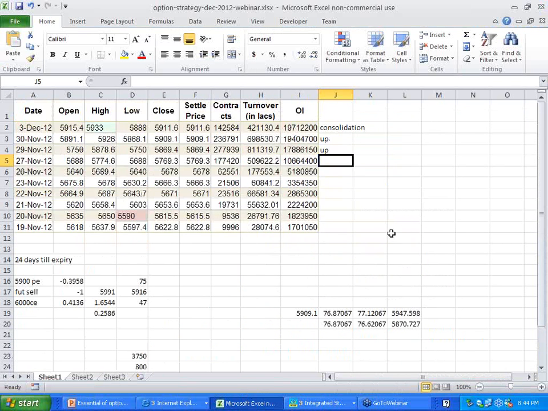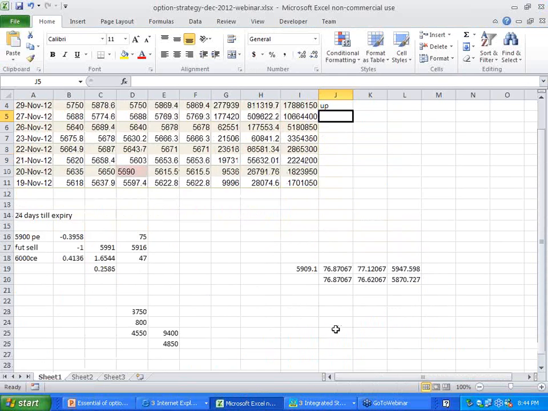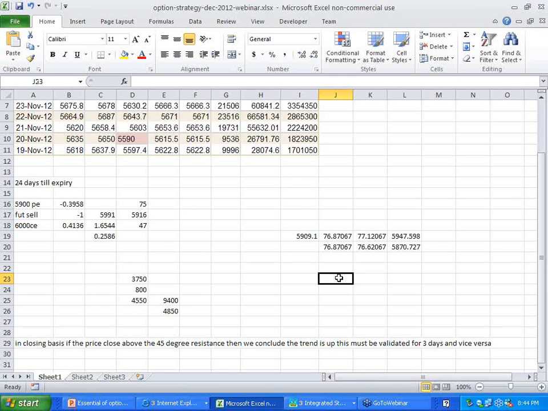So I have again given you some clue about the volatility. If it is less than 20 in annual terms, it is low volatile. Greater than 20, less than 40 is medium, and above 40 it is high in annual terms.